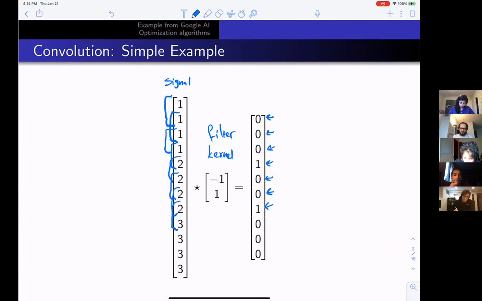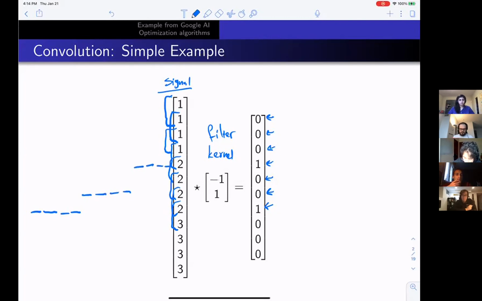So let me try to depict it. The signal is basically 1, 1, 1, 1, and then it jumps to 2, 2, and then it's 3, 3, 3, 3.